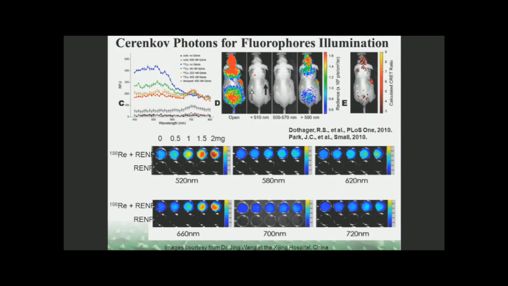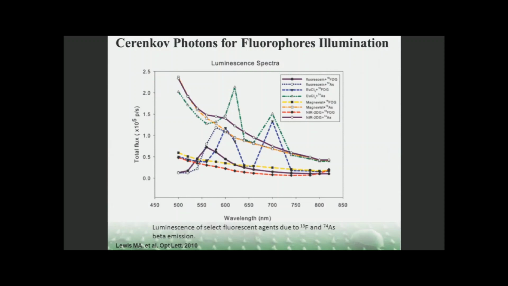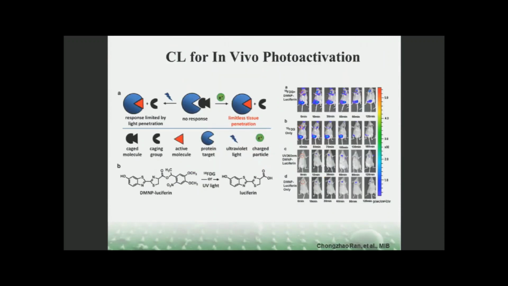Just the same concept. And here, people also show they can use F18 or actinium-74 to excite europium nanoparticles, and they show the emission peak. This is just an in vitro study.